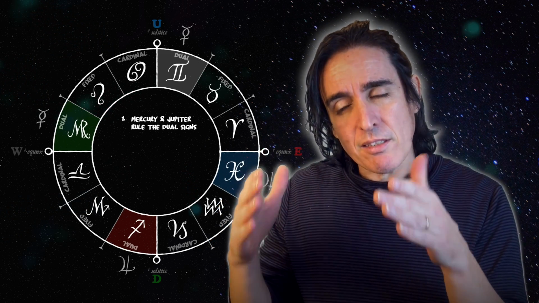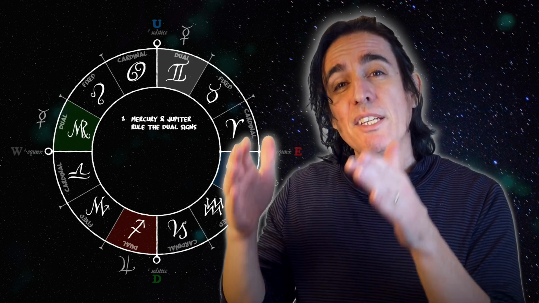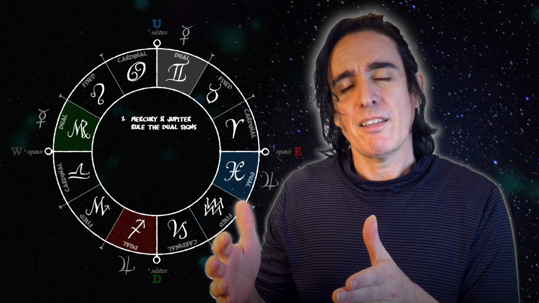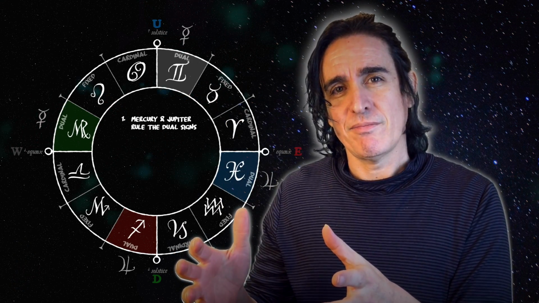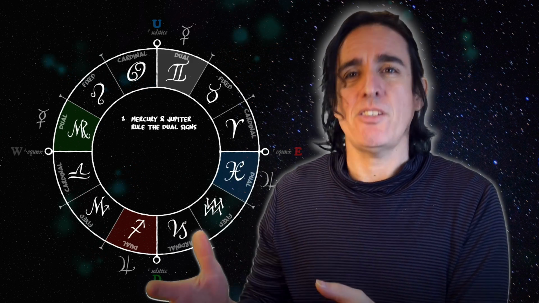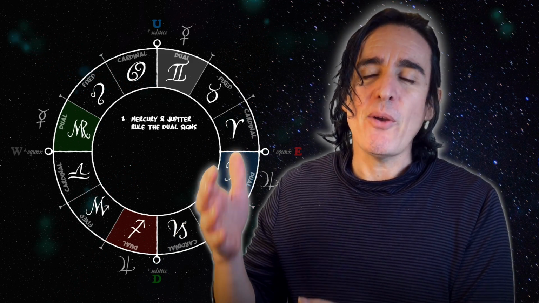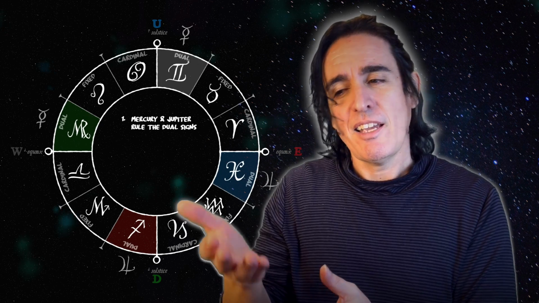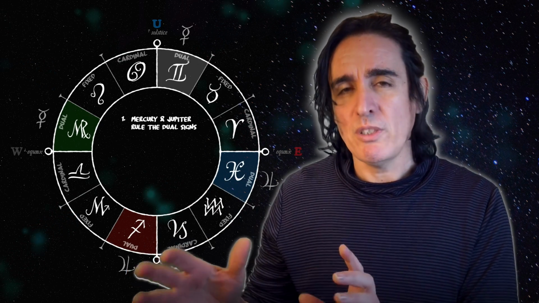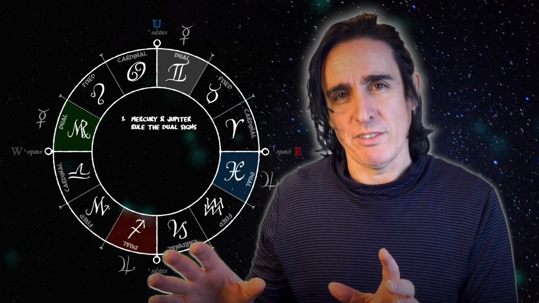So what that means is the nature of a dual sign is very intelligent and observant and wise and patient. This is why you have Mercury, the intellect, and Jupiter, the wisdom, ruling these signs. No other planets rule these signs.